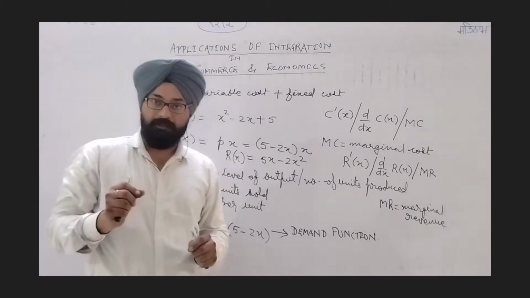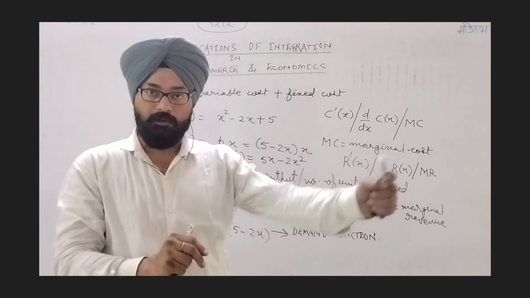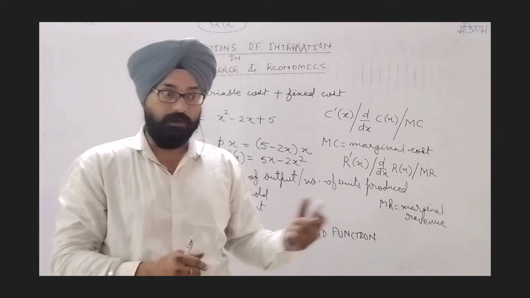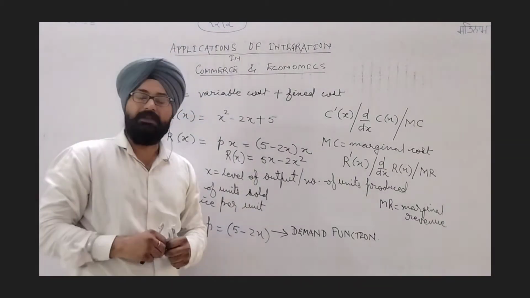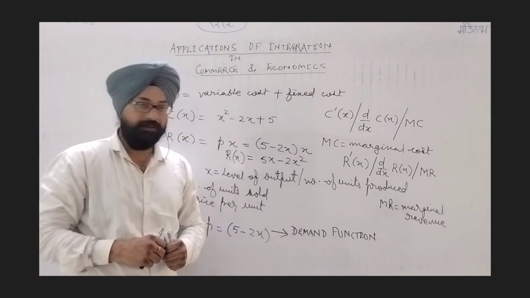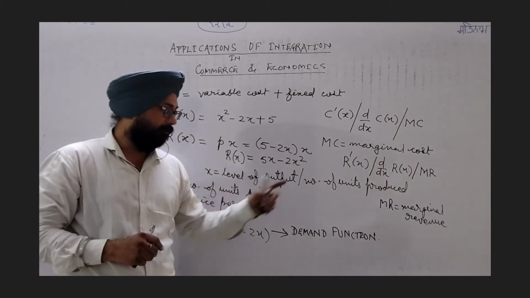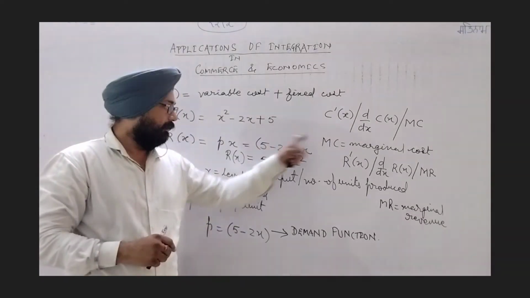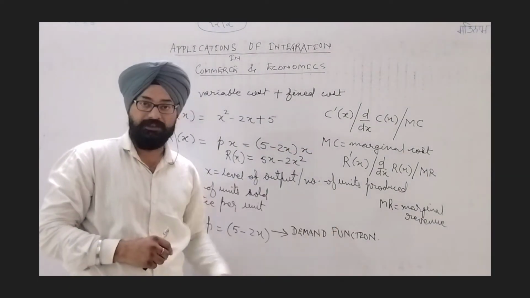Whenever we have a term marginal with either cost or revenue, it means it's the differentiated form of the function. We have already differentiated it. So these are the basic terms required to go ahead with this application. Don't forget, here marginal cost and marginal revenue mean cost differentiated and revenue differentiated.